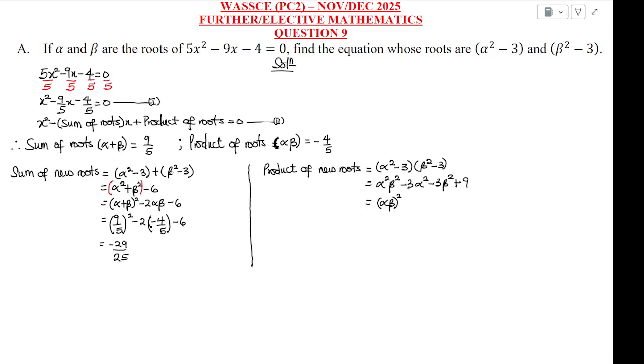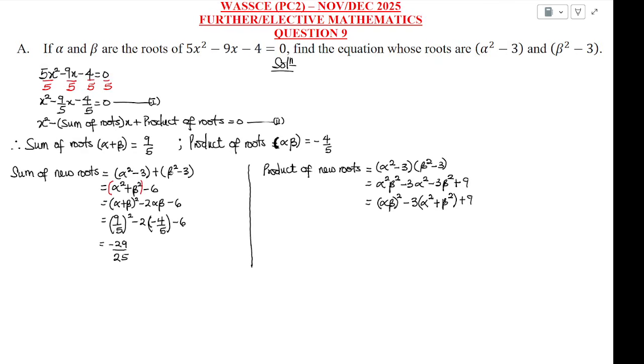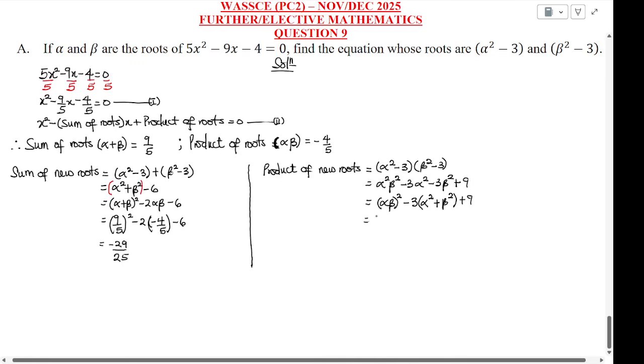Then negative 3 alpha squared minus 3 beta squared, we can simplify by factorizing negative 3 out, giving alpha squared plus beta squared. So we have alpha beta all squared minus 3 times a bigger bracket, because alpha squared plus beta squared is an identity on its own, and that gives alpha plus beta all squared minus 2 alpha beta. Then I have my positive 9.